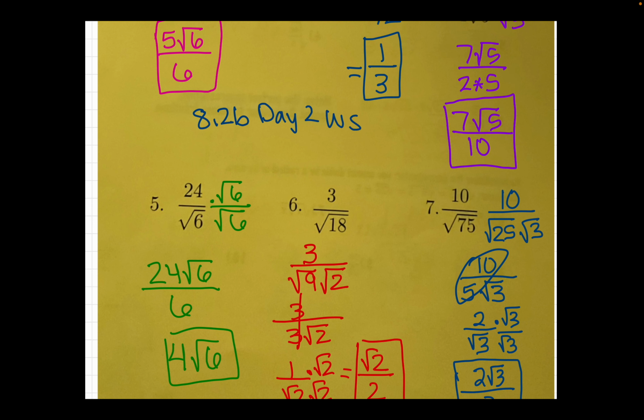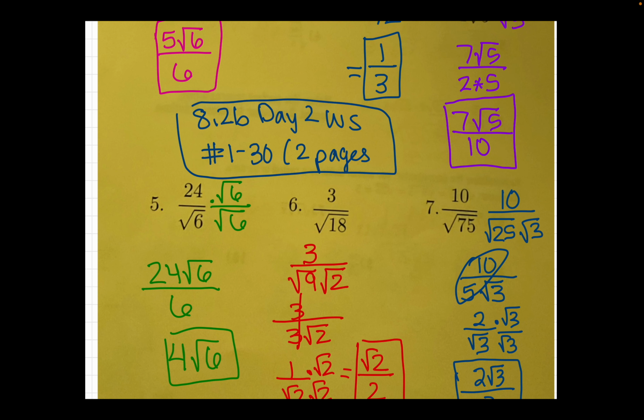And you need to do 1 through 30, so it's 2 pages. It's not your next one in your packet, so you're actually going to skip the next one in your packet, and you're going to go to the next 2.